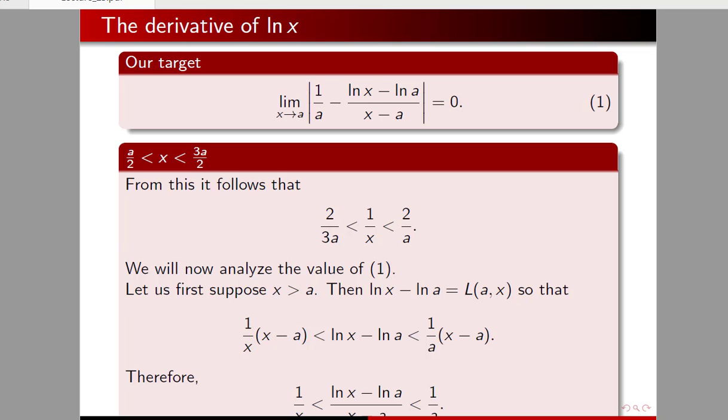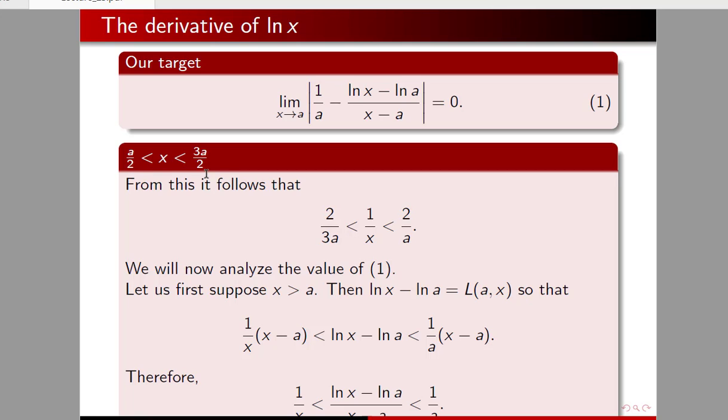We're going to start out by assuming that x is between a over 2 and 3a over 2. This control is to keep x away from 0, where we won't have to worry about division by 0. So we're just concentrating in a short interval around the point a.